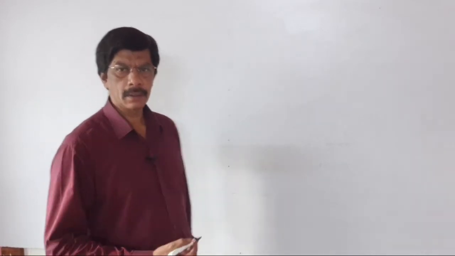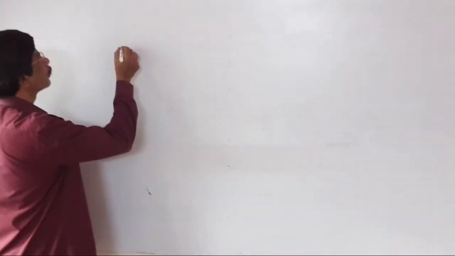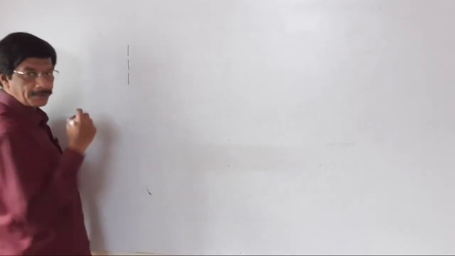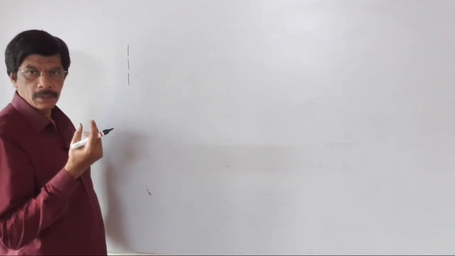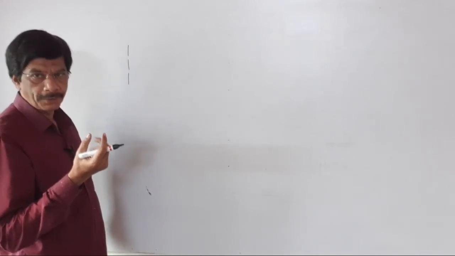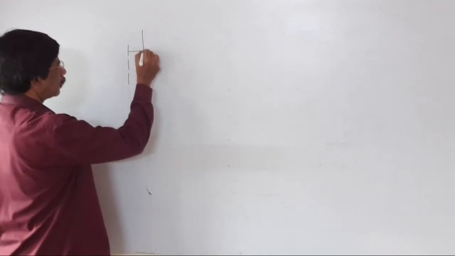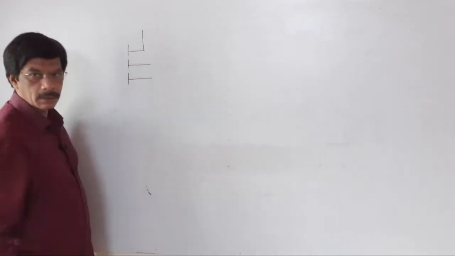First, let us see the N-channel MOSFET. The MOSFET transistor consists of 3 electrodes, namely gate, source, and drain. This is the drain terminal, this is the substrate, this is the source terminal.